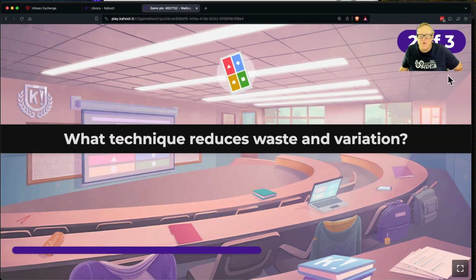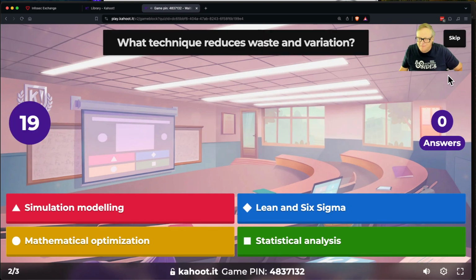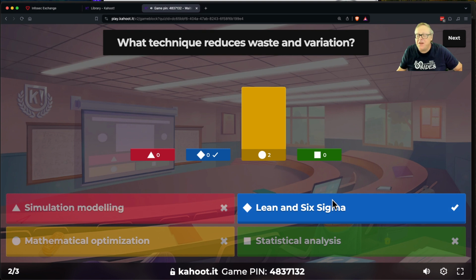Which one reduces waste and variation? That's Lean and Six Sigma.